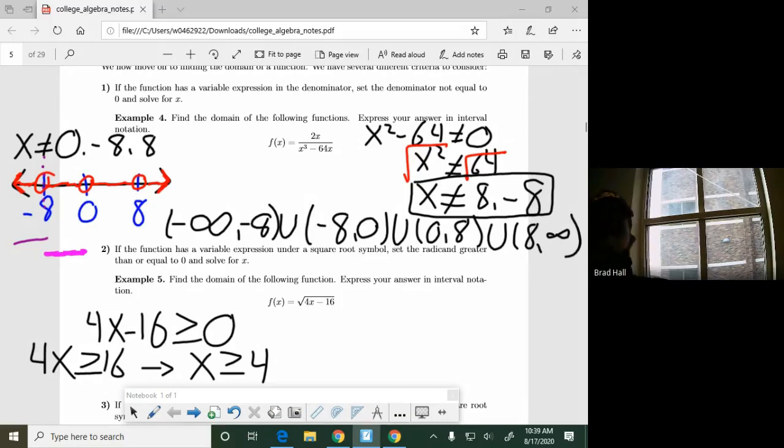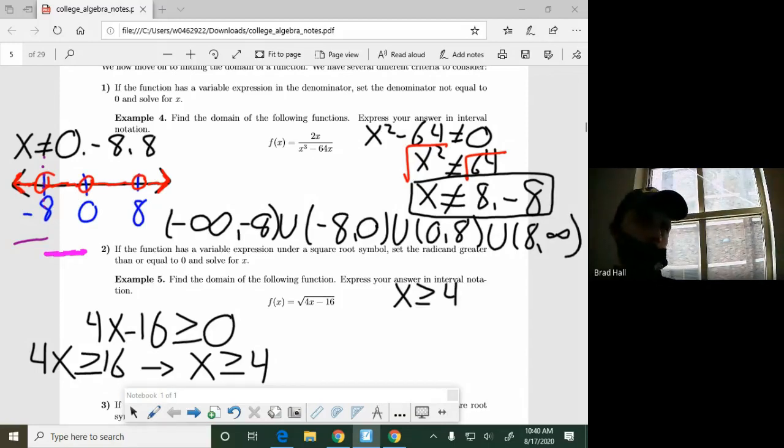But of course, this isn't good enough because my math lab pretty much says, I want interval notation. This is not interval notation. This is an inequality. So this is what we had. I'm going to convert this to a number line. I'm going to express this using a number line.